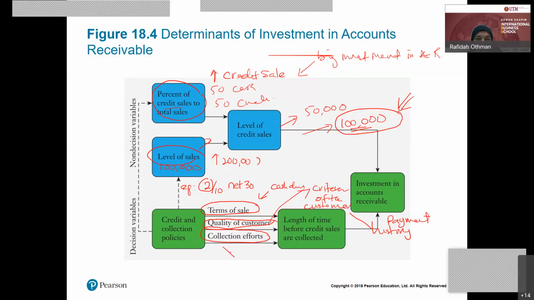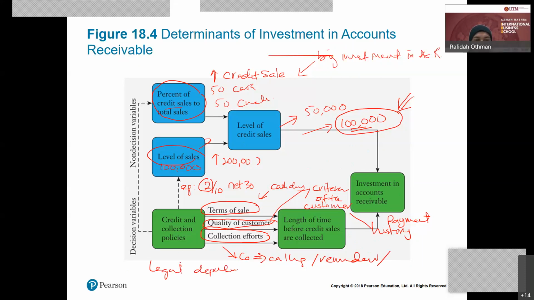You will look into how the company is chasing your customer, looking after your customer by calling them, or sending a reminder or letter. These are some of the efforts you can do in the collection effort. You may also have a legal department.